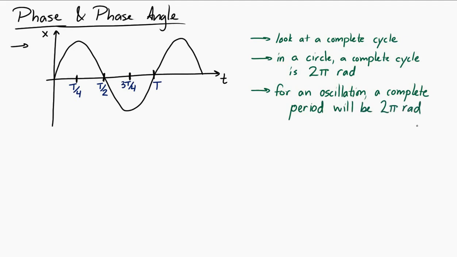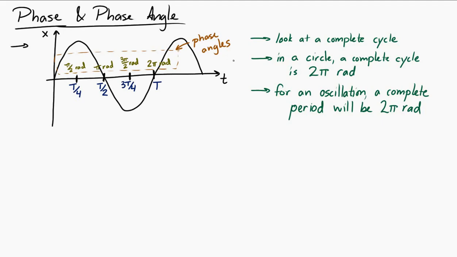So a full period will correspond to what we're going to call a phase angle of 2 pi radians. And half a period would correspond to pi radians. 1/4 of a period would correspond to pi over 2 radians, and 3/4 of a period would correspond to 3 pi over 2 radians. It's a little bit odd, but it turns out that that's a pretty common practice.